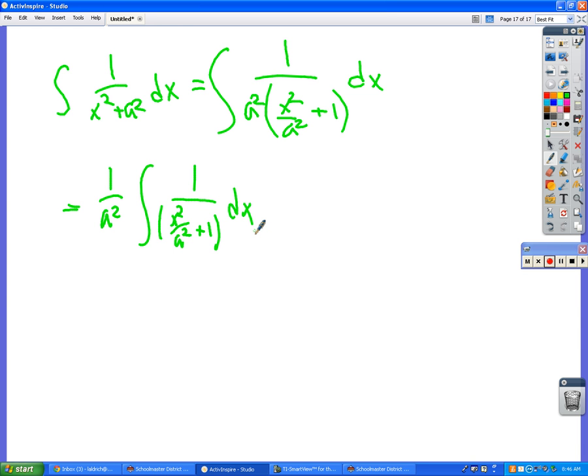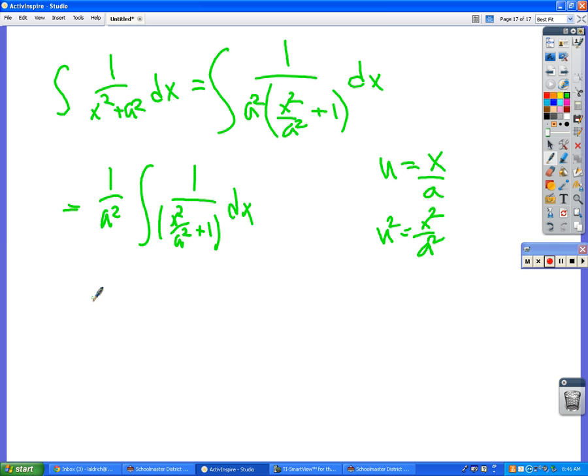So now just like we did before, I'm going to make a u substitution. Any guesses? My u substitution is going to be x over a. So then that means that u squared is x squared over a squared.